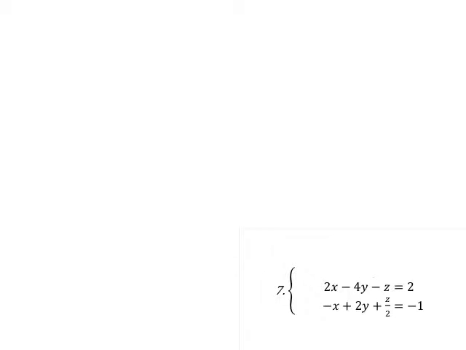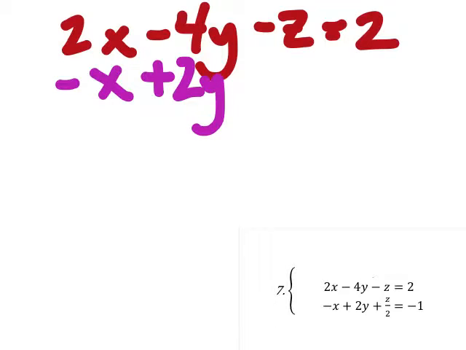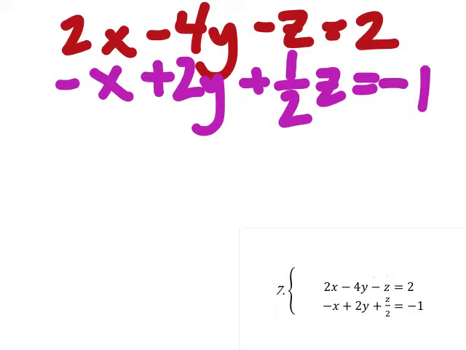Alright. So now what I have is 2x minus 4y minus z equals 2. And this next one is negative x plus 2y plus, we'll say that's a 1/2 z equals negative 1.